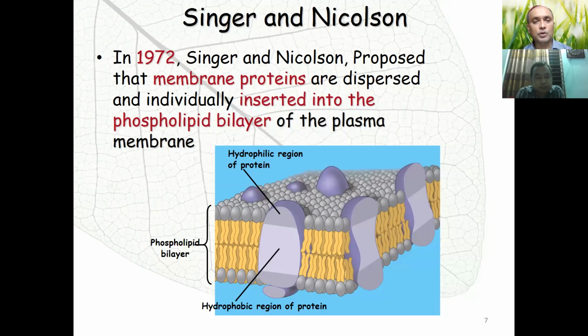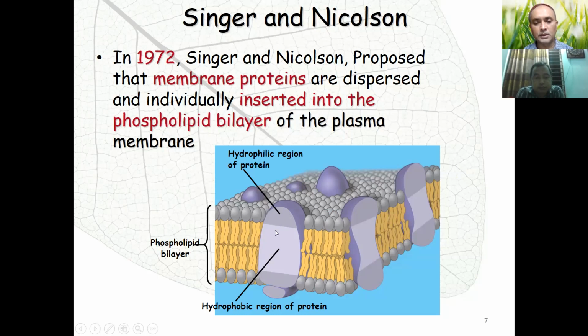Singer and Nicolson in 1972 proposed that membrane proteins are dispersed and individually inserted into the phospholipid bilayer of the plasma membrane. Here you can see very nicely the phospholipid bilayer, and these are just like a mosaic. You can see some of the proteins coming out from the lipid bilayer.